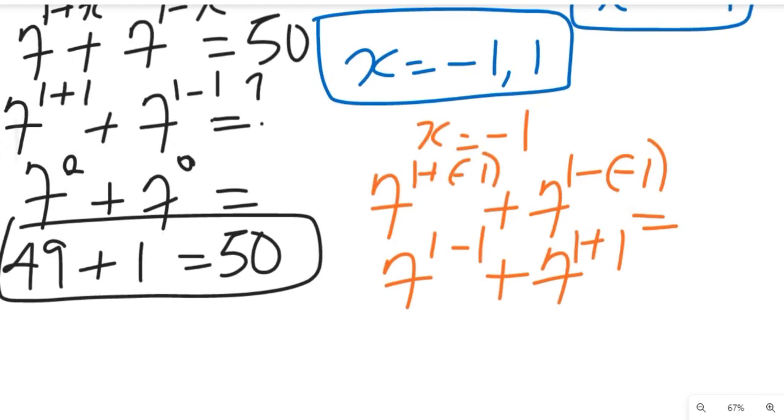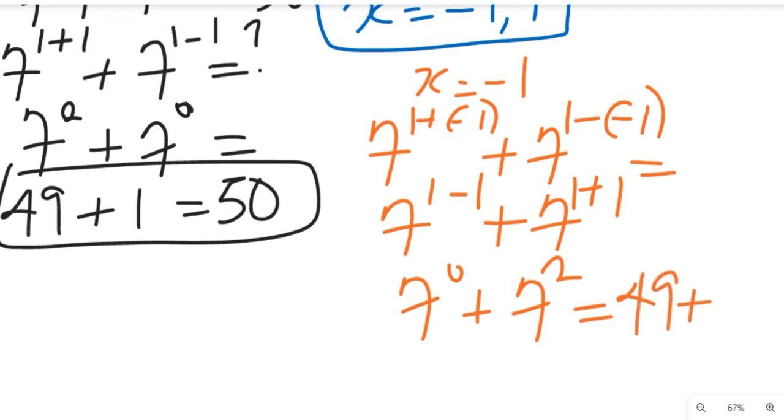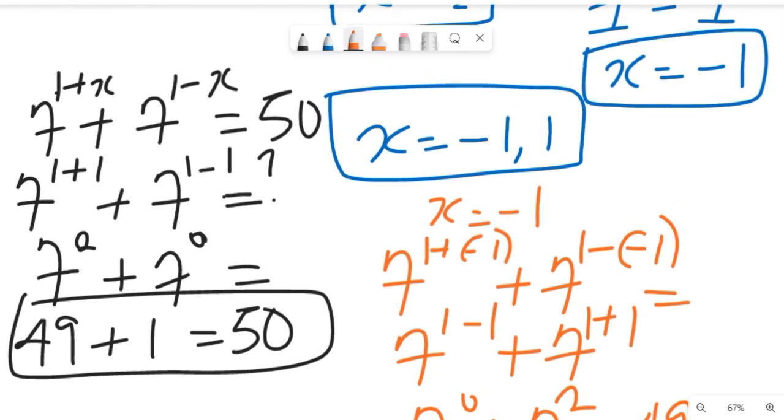And this will be equal to 7 to the power of 0 plus 7 to the power of 2. That will be equal to 1 plus 49, and this will be equal to 50. So we see the values of x equal to 1 and minus 1 satisfy that exponential equation.